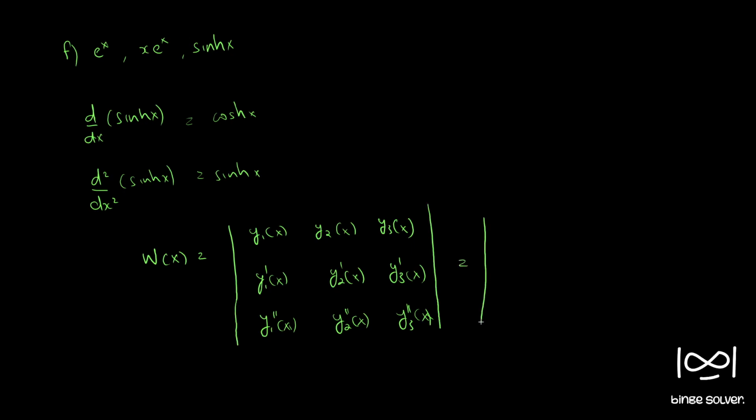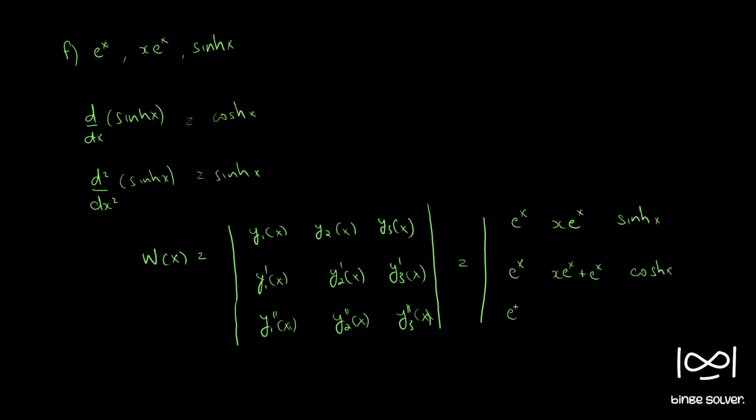So this becomes e raised to x, x e raised to x, sin hx, and e raised to x itself. This becomes x into e raised to x plus e raised to x, and cos hx.